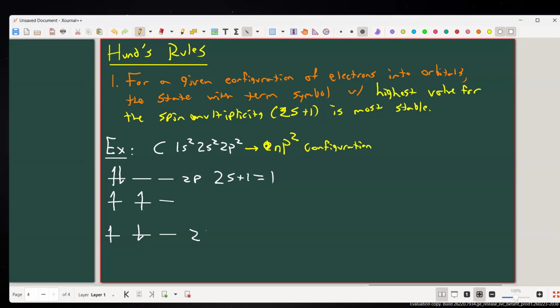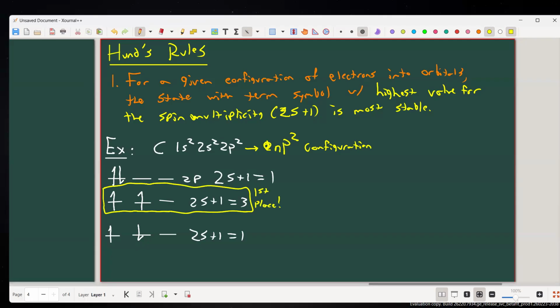The second one, of course, is a singlet, and this one is a triplet. So by definition, this one is the most stable. This is the first place winner. And of course, we probably learned that as the Aufbau principle in general chemistry, that we fill our orbitals half up before we start to pair the electrons.